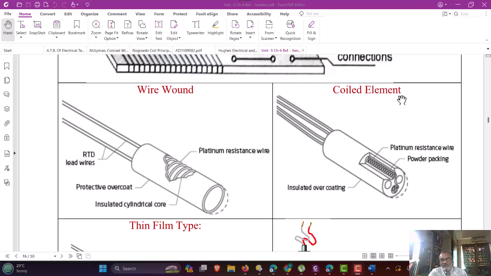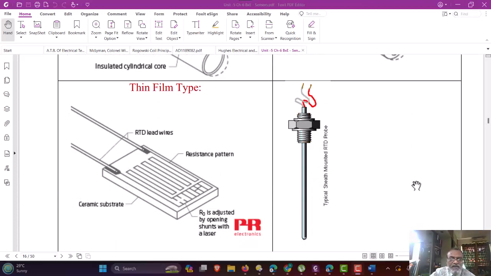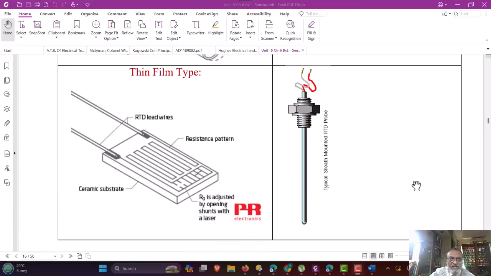It consists of a coil wound on a former with multiple former elements, and the total resistance will be the resistance of a total wire, with the leads connected to the extreme ends of the platinum wire, which is shown in this figure.